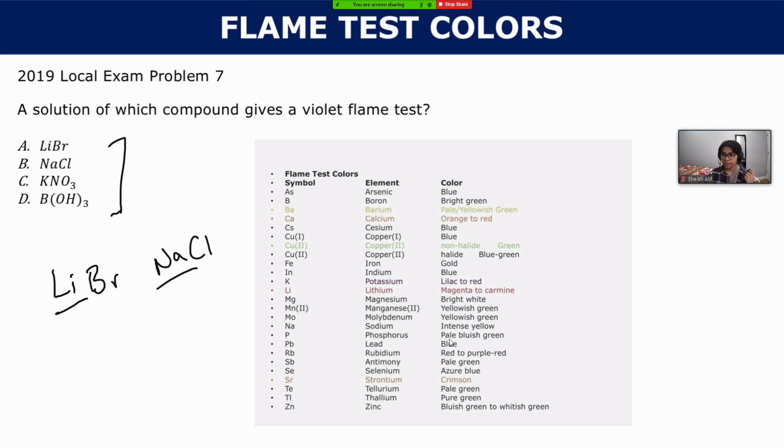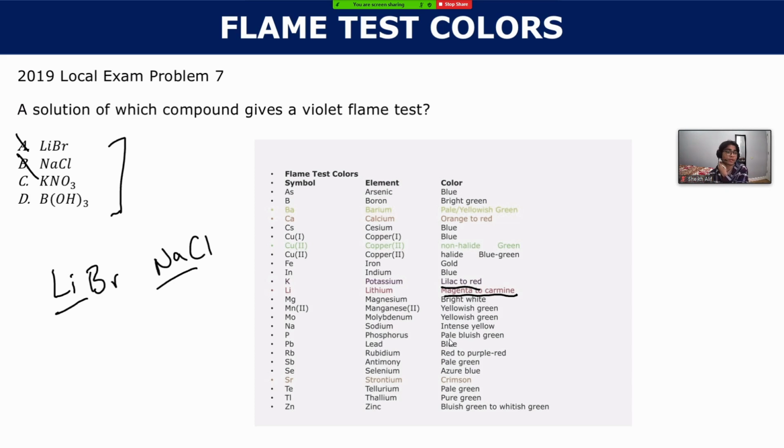So let's look at the color that these produce. Lithium is going to produce a magenta to carmine color, and that's not violet, that's not purple. Sodium is going to be yellow, and so that can't be it. Potassium is going to be, according to this, a lilac to red, and that can be considered a violet flame test.